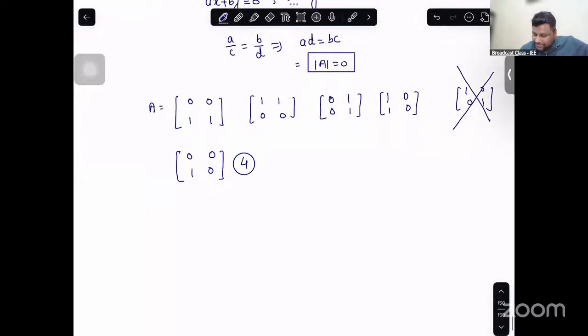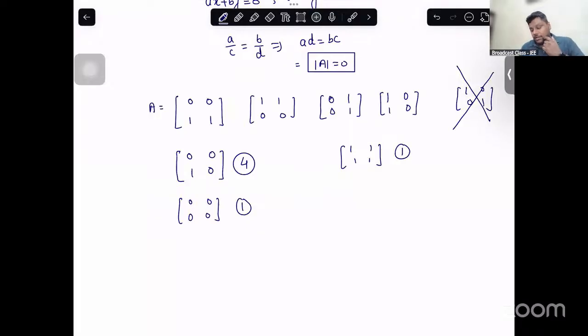Now, if there are all four zeros, value of determinant is definitely zero. If there are all four ones, value of determinant is definitely going to be zero. So I have done that. Another case, if there is only one zero. Now, anyhow you arrange them, you will never get determinant value zero. Anyhow you arrange them. Got it? So this is also cancelled.